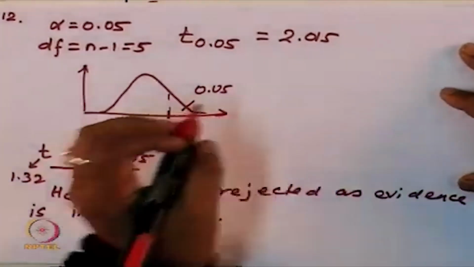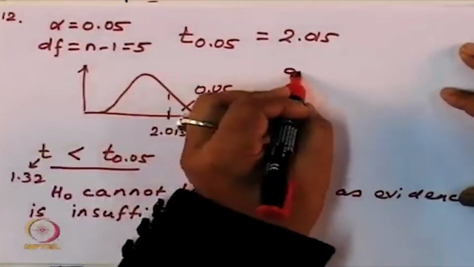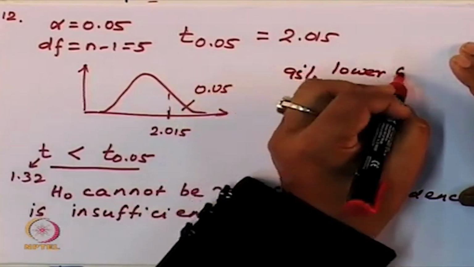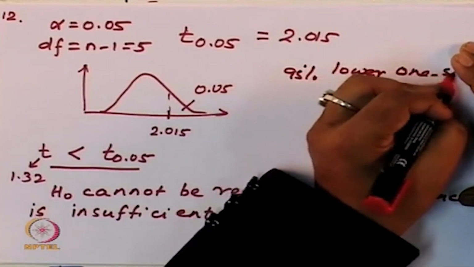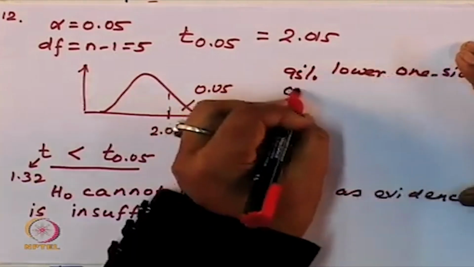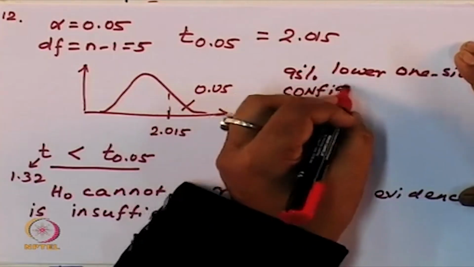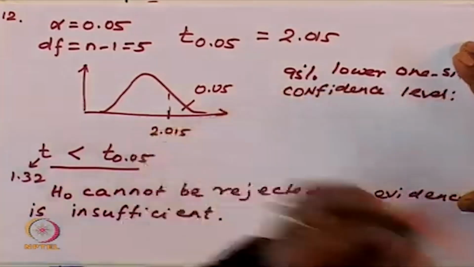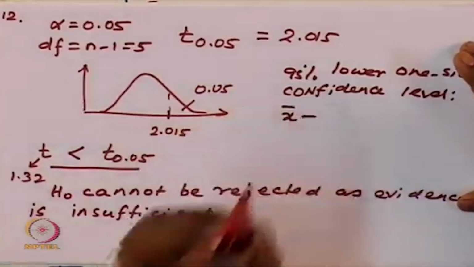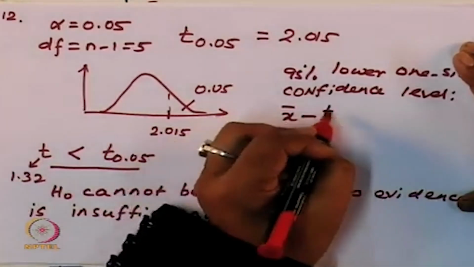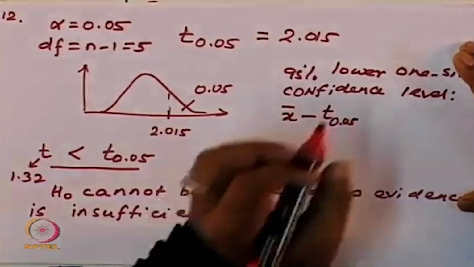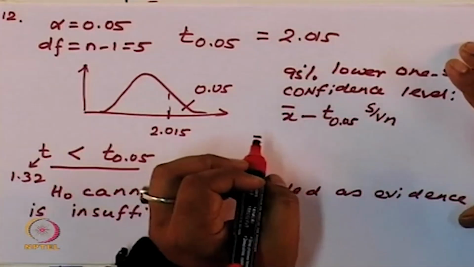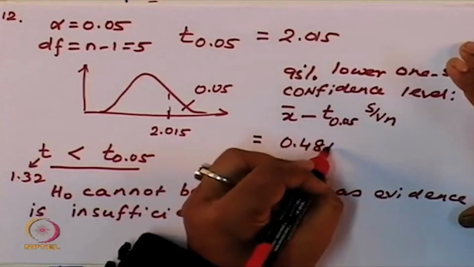You can calculate the 95% lower one sided confidence interval. This comes out to be x bar minus t of 0.05 into s by root n, which is 0.484.